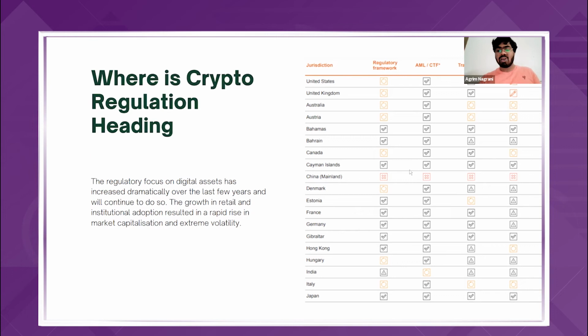If you talk about the USA, India, or any major country, then they are mostly in the regulatory framework space where they are preparing the framework and maybe launching the compliances in the coming months. Hopefully, we are expecting to get some kind of clarification and clarity on crypto rules for India in 2023 itself.